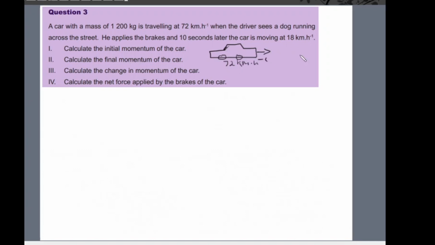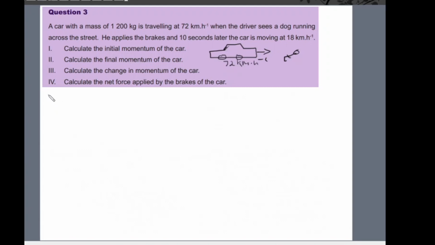And then the driver sees a dog. Okay, kunenjanyana la somewhere, and then he applies the brakes, and 10 seconds later the car is moving at 18 kilometers per hour.